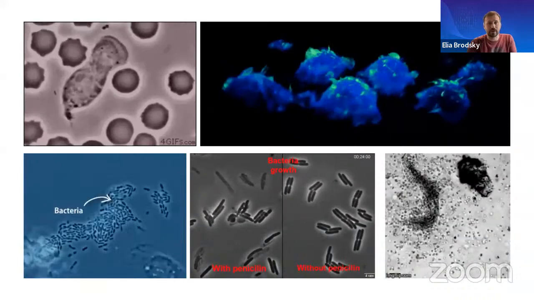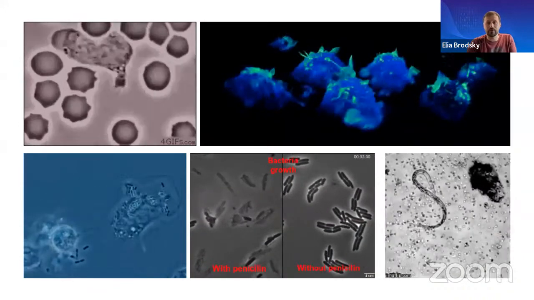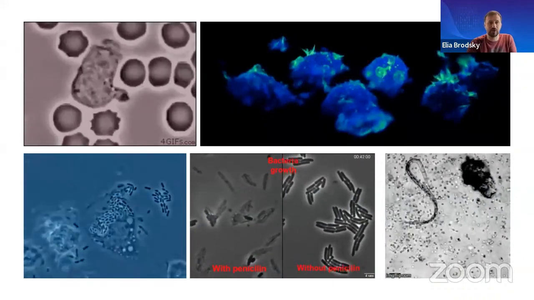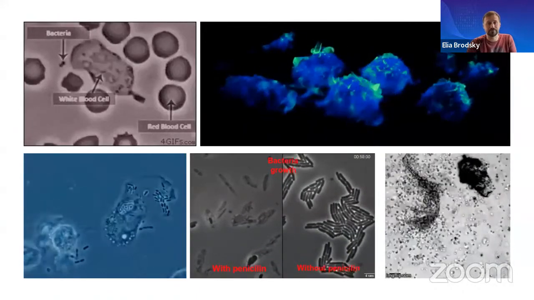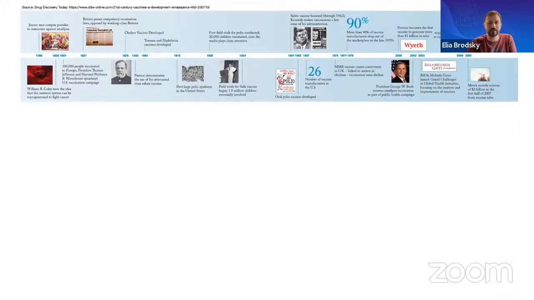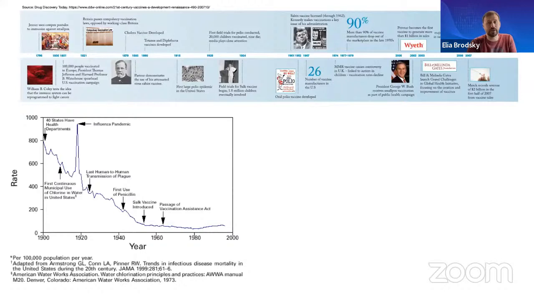Two main approaches that have significantly reduced death from infectious diseases in the past century are antibiotics, antiviral drugs, and vaccines. In fact, if we look at the timeline, we can see that the vaccines were discovered first, but many other ways to intervene have significantly reduced the risk that infectious pathogens pose.